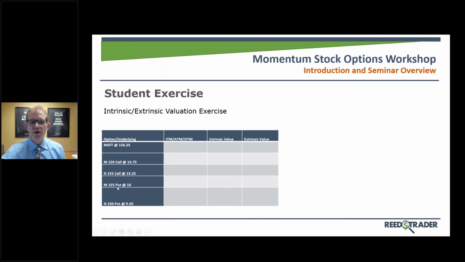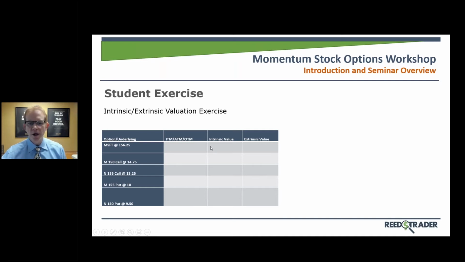The June 155 put: would you sell Microsoft at 155 and buy it back at 156.25? No, you wouldn't. So it's out of the money. It is also close in terms of strike price, so it could be at the money. Either answer is acceptable. And then the July 150 put, you're not going to sell at 150 and pay 156.25, so it's out of the money.